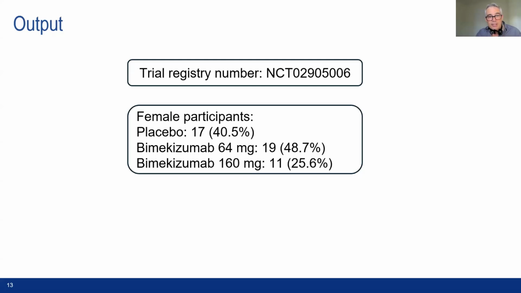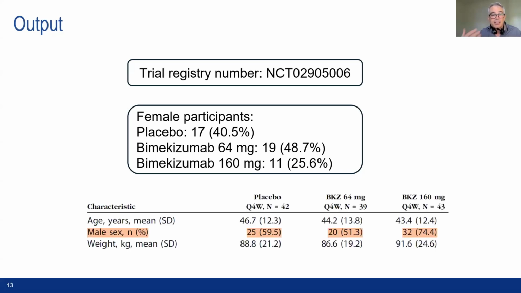And in this particular case that you see here, this was even trickier because the original study didn't report the proportion of females, but instead reported the proportion of males. But Claude still managed to accurately calculate the number of female participants and the associated percentages, which we thought is really impressive.